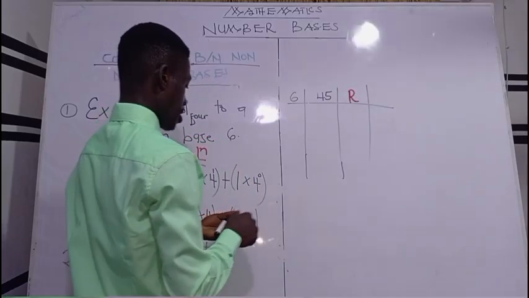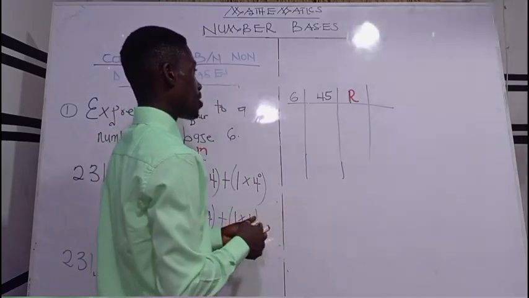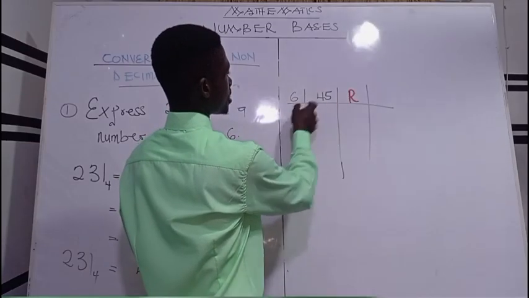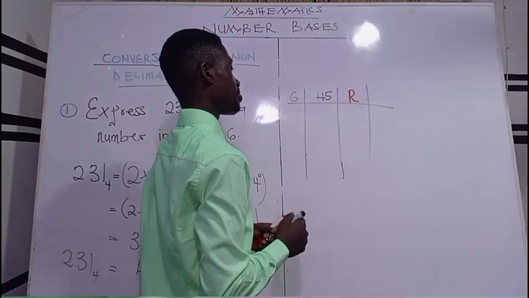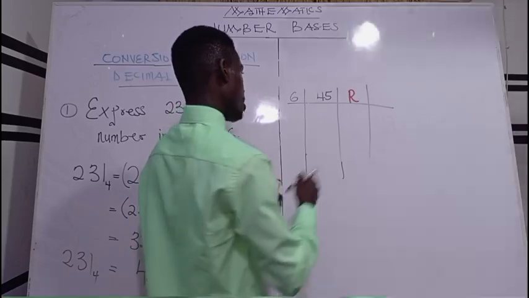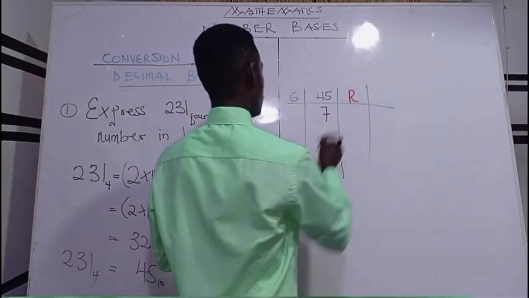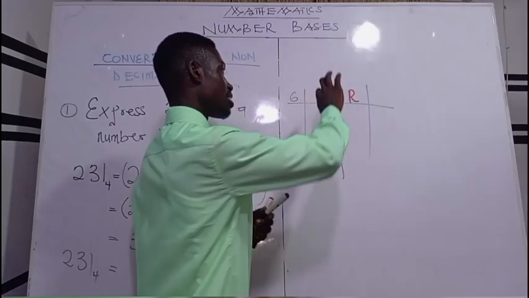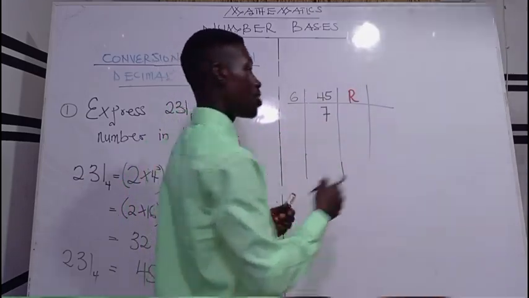Now what we are going to do is our repeated division. So how many times will 6 divide 45? 7. So we have our 7 here. 6 times 7 will give us 42. 45 minus 42 will give us a remainder of 3.